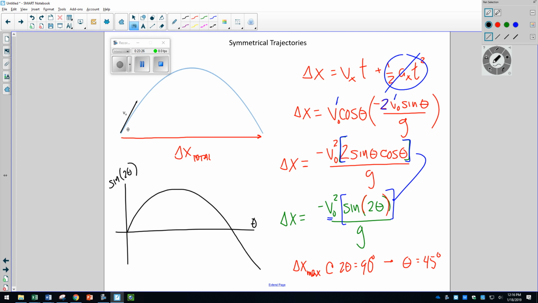Now, this is 1. Let's make this 2 theta. Yeah, sure. Nope, go back to making that theta. Yeah, okay. So, check it out. If theta's 45, here's 45, the sine of 2 theta, so that's the sine of 90, yep, is 1.